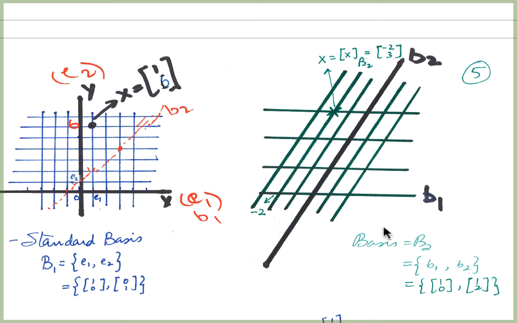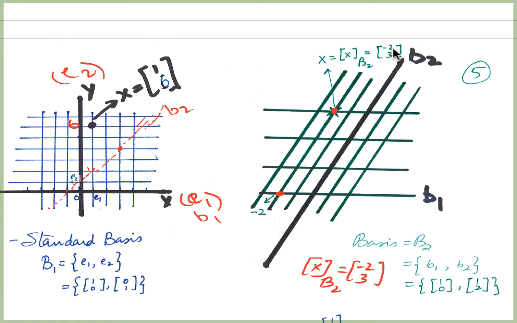Now, when I look at my basis set B2, what is the coordinate vector of x relative to the basis B2? It is (-2, 3). It means I'm going minus 2 units in the B1 direction and then 3 units up in the B2 direction.